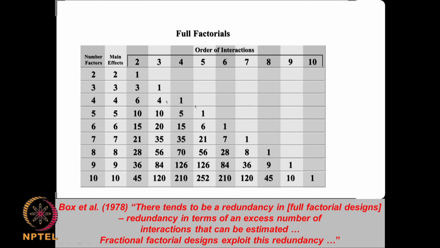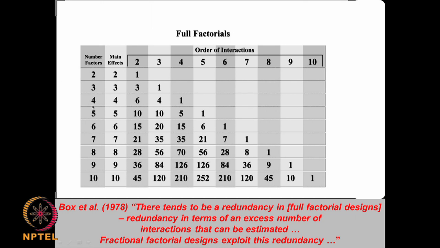If you do a full factorial, for example, if I take 2 factors like A and B, you are doing 4 experiments. So, you are looking at the main effect of A, main effect of B, that is 2 main effects, and we can also study the interaction AB, that is called a second order interaction. Suppose you have 3 factors A, B, C, there are 3 main effects. Then you can have 3 second order interactions AB, AC, BC, and you can also have a third order interaction ABC.